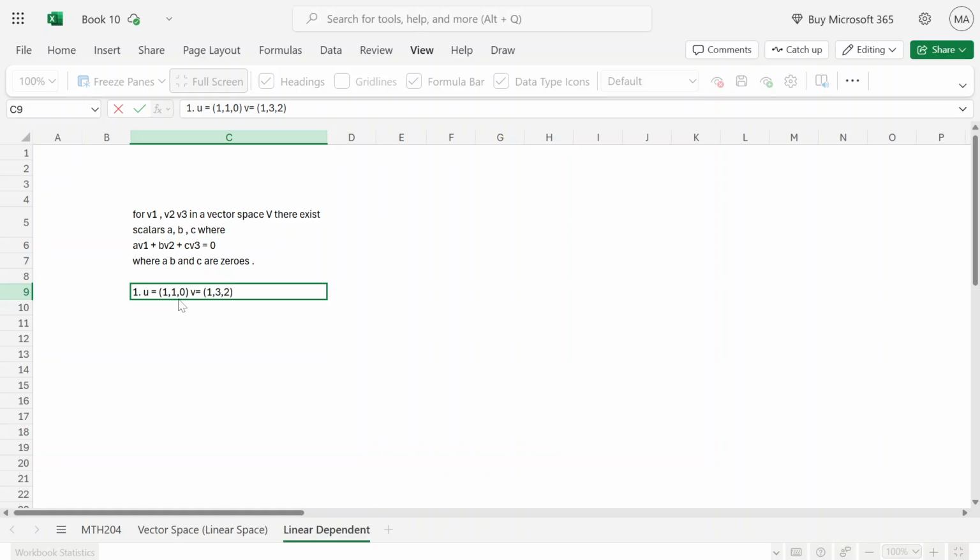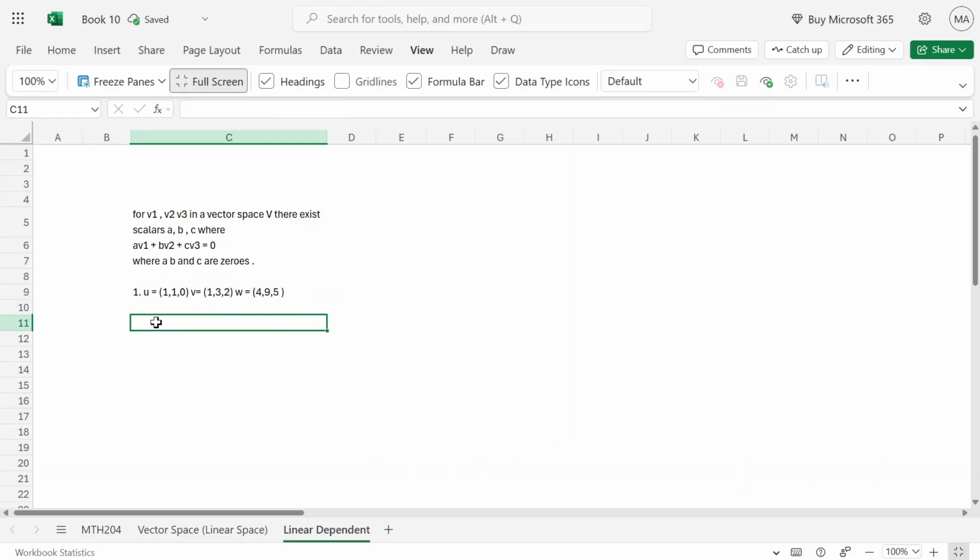Then w equals (4, 9, 5). Now they say we should solve this equation. First, you write your formula out. We need three scalars, so we can say a times u plus b times v plus c times w equals 0.